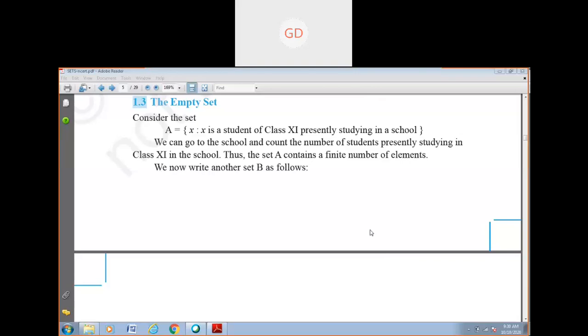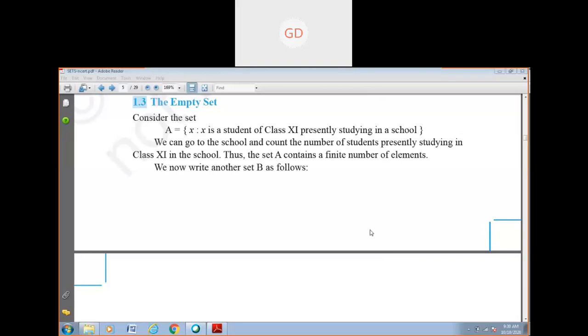On the basis of the number of elements in a set, sets are classified. One of these types is the empty set, sometimes said to be a null set, and sometimes known as a void set.